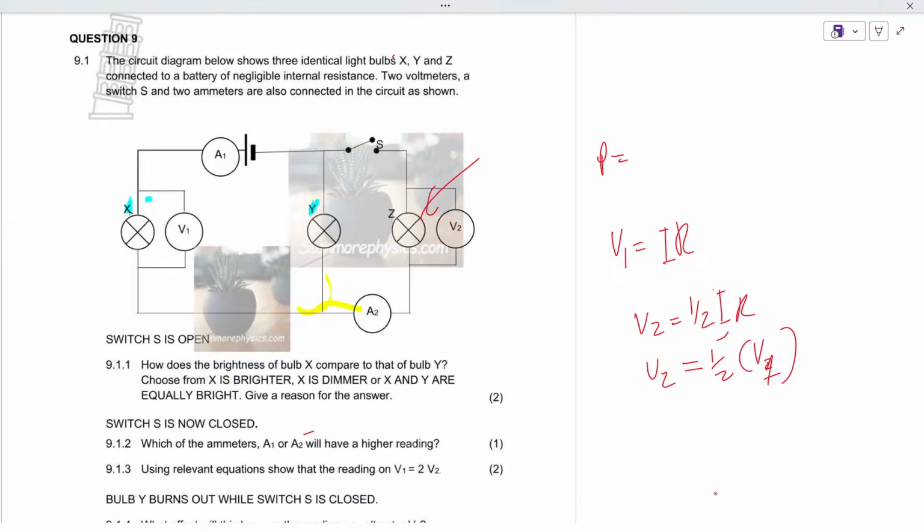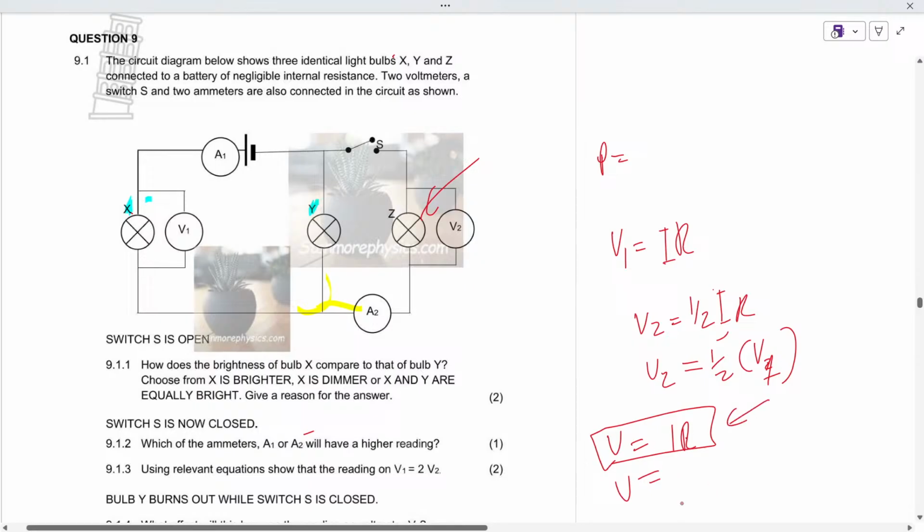Or maybe another way that you were gonna do it, let's come to this one. For the example, they are looking for the voltmeter, V equals IR. For the second one, you are checking all the resistance here, and you know that voltage in parallel is the same.